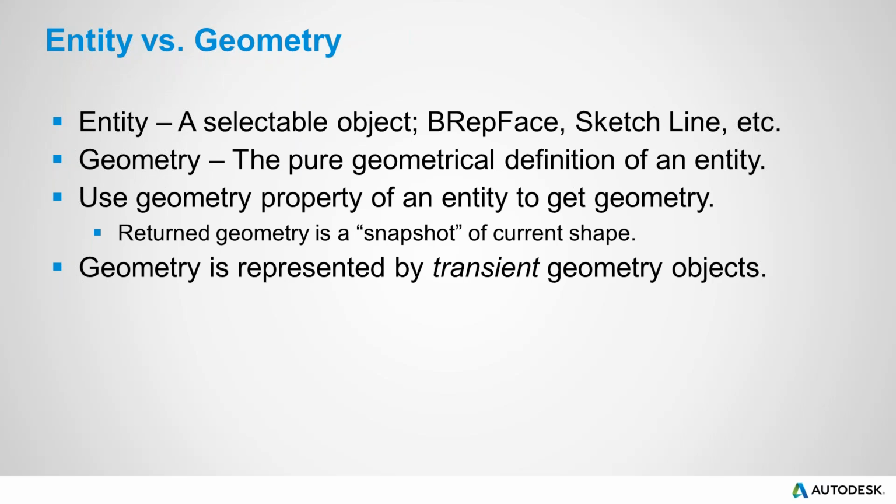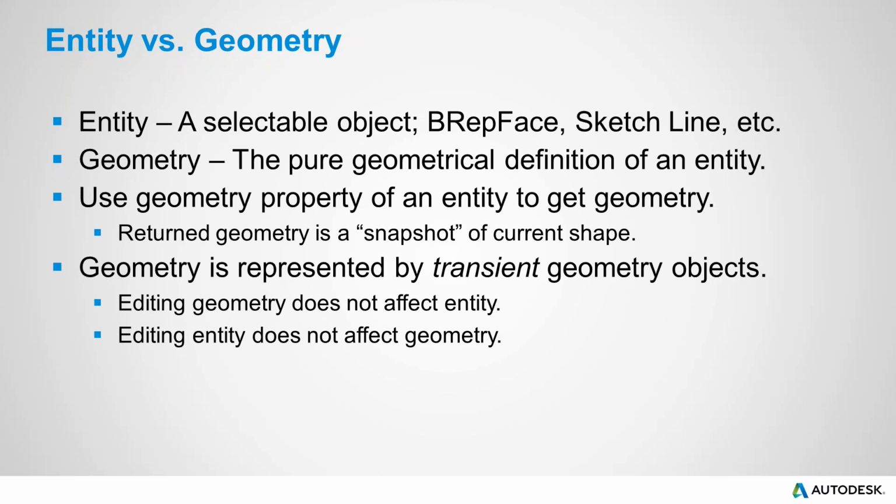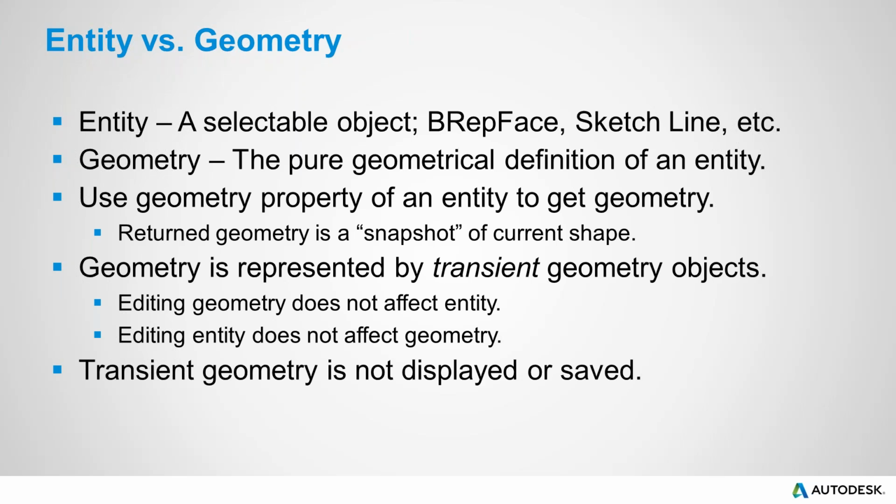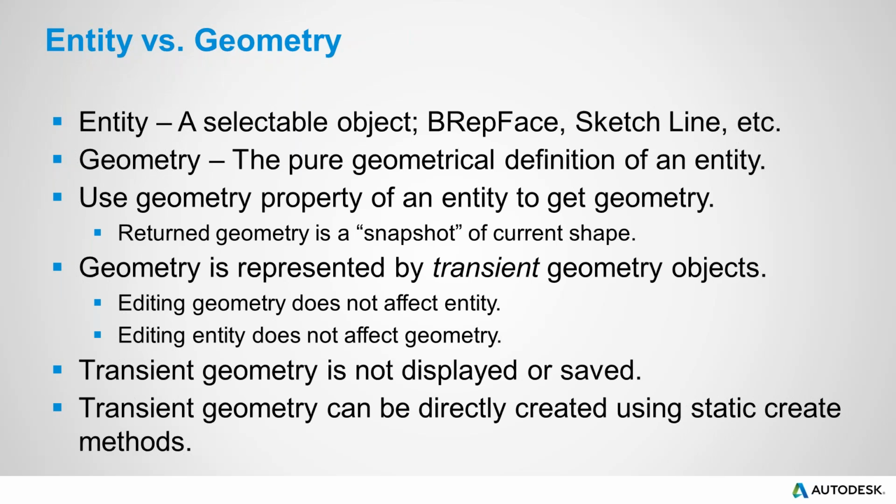It's just an object that wraps the information that describes a plane, a cylinder, a sphere, or different shapes. As I said before, editing the geometry doesn't change the entity, and changing the entity doesn't affect the geometry, because it's just a snapshot in time. It's not displayed or saved.